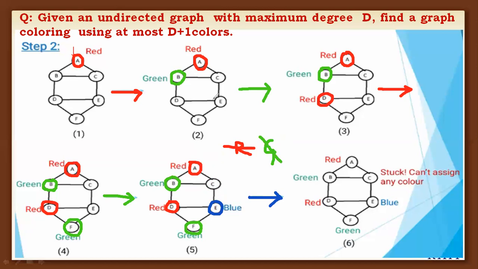Can I color C with blue color? If I apply blue color to C, these two adjacent vertices are filled with the same color, blue. So hence you should not color vertex C with blue color. Hence, stuck here. Apply the backtracking technique.